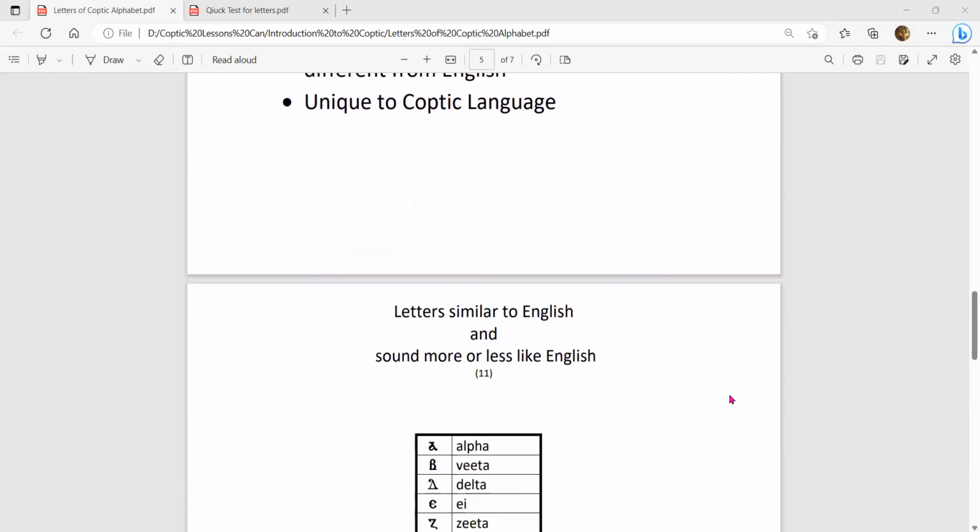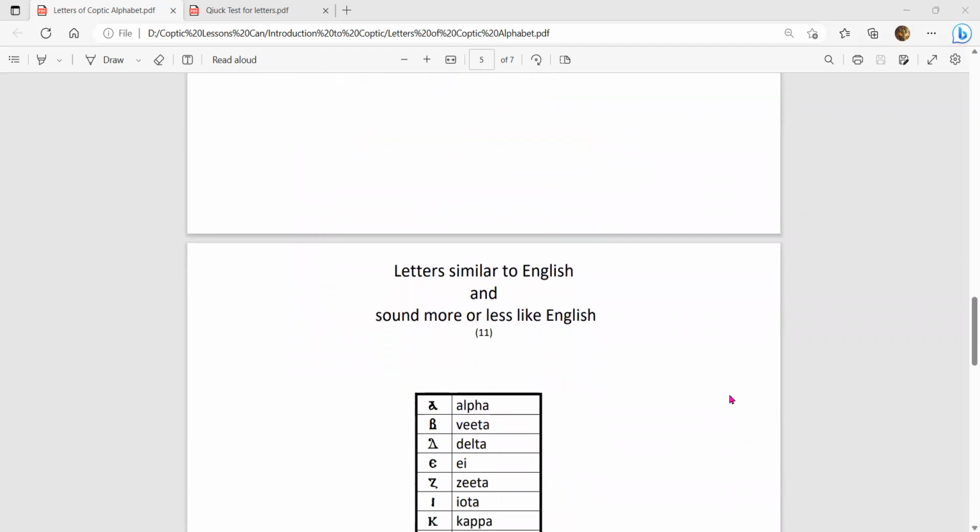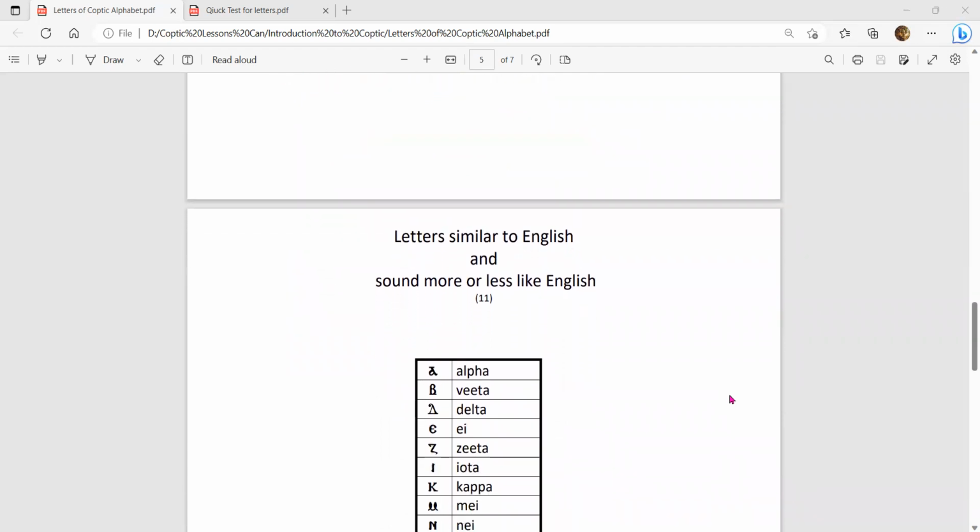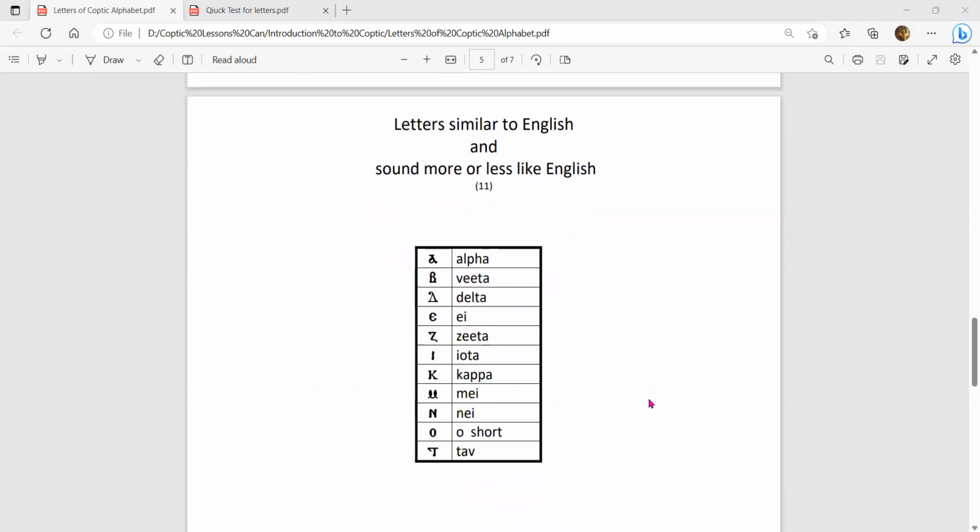Okay, so let's have a look first at those that are similar to English and sound more or less like English. They are 11. So we start with the alpha. It looks like the A in English. The beta looks like a capital B. Delta.